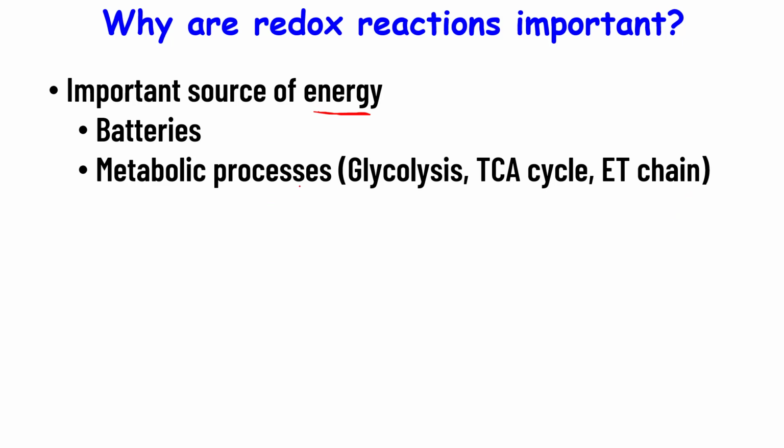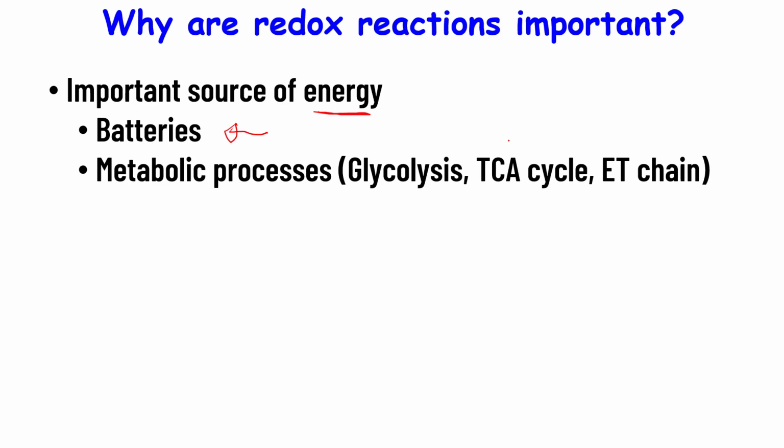And we actually exploit them for making batteries. So the batteries in your cell phones, the batteries everywhere you use batteries, we are exploiting redox reactions. Those are the reactions that provide the voltage that we need to run our cell phones or whatever we want to use the batteries for.